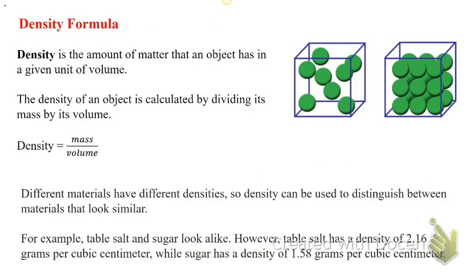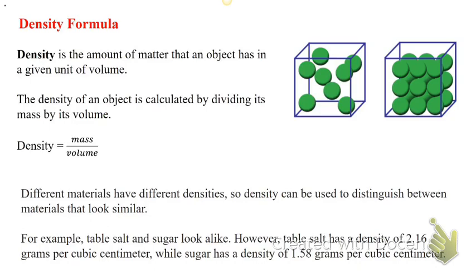Density formula. So density is the amount of matter that an object has in a given unit of volume. The density of an object is calculated by dividing its mass by its volume. That is density. Different materials have different densities, so density can be used to distinguish between materials that look similar.